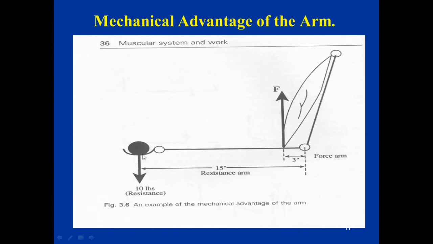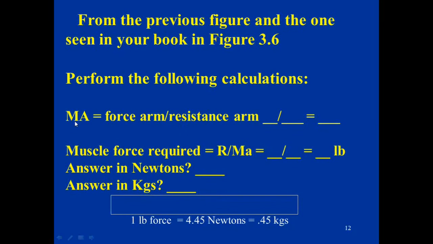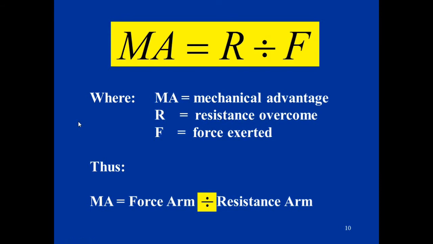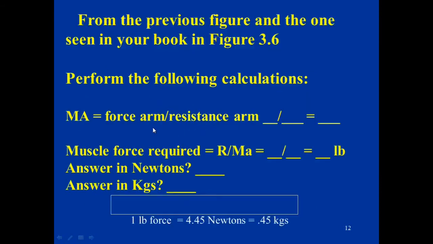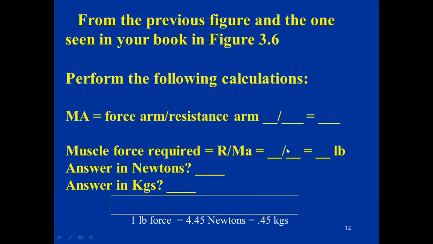Your resistance there is your 10 pounds, and that is going to be divided by the MA, the mechanical advantage, which in this case is the force arm over the resistance arm, or 0.2. So you have 10 divided by 0.2, which equals 50 pounds.